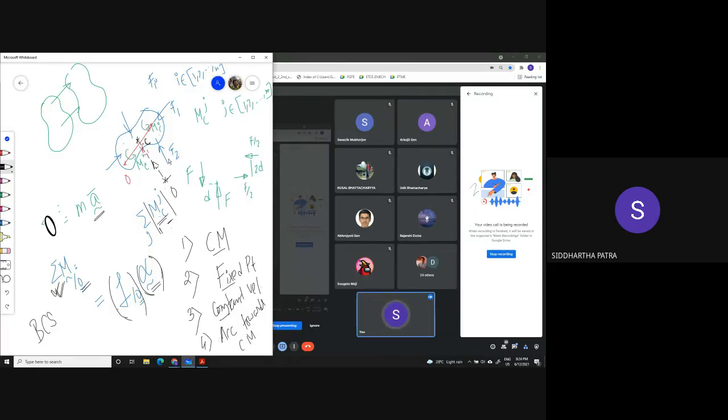So the thing is, it's not about which point it is trying to make a rotation. Let's say it makes a pure rotation about the center of mass. But then with respect to some other point, it could be thought of as making a translation plus a rotation, right? If it is simply rotating about the center of mass, then about any other point, it could be thought of as translating and rotating.